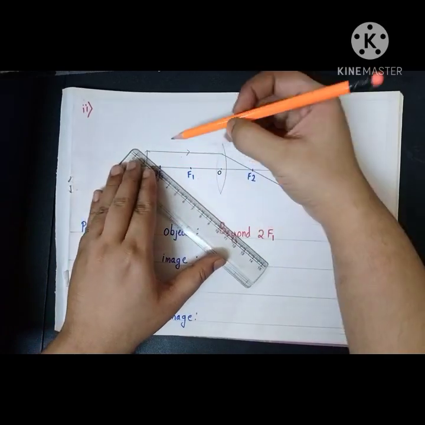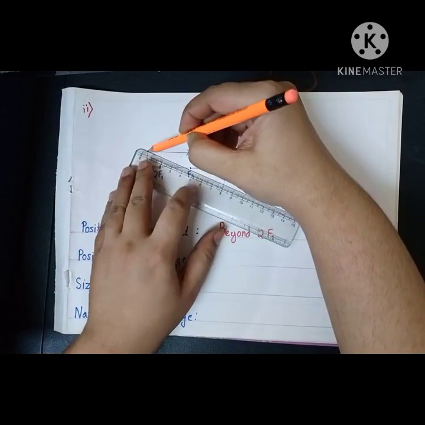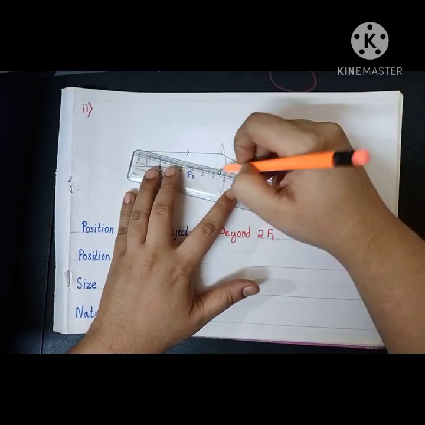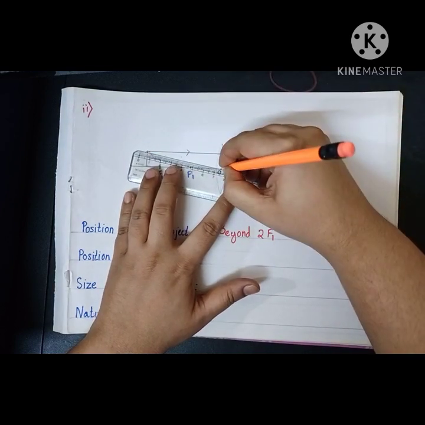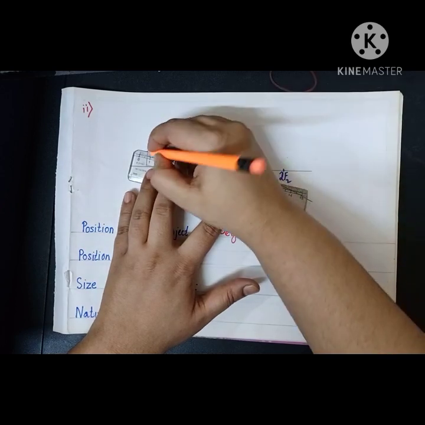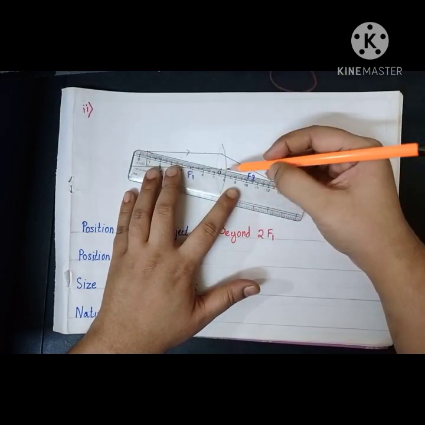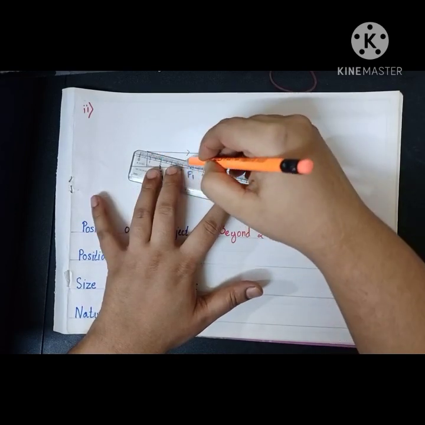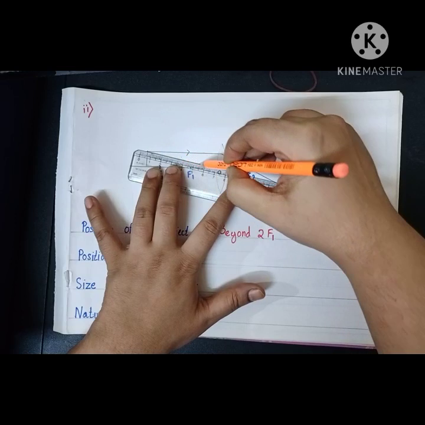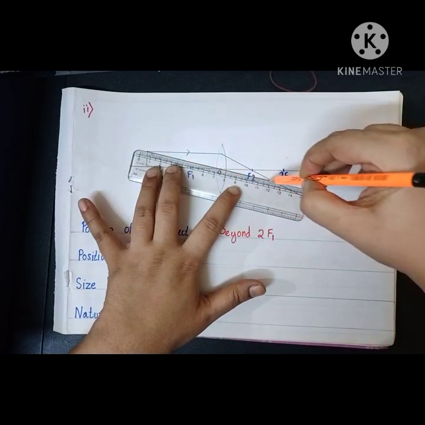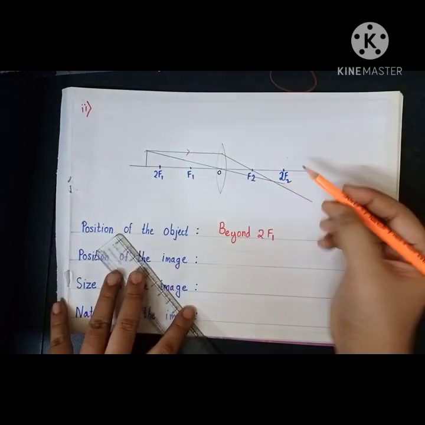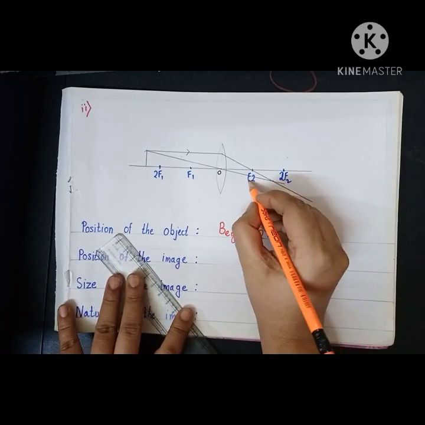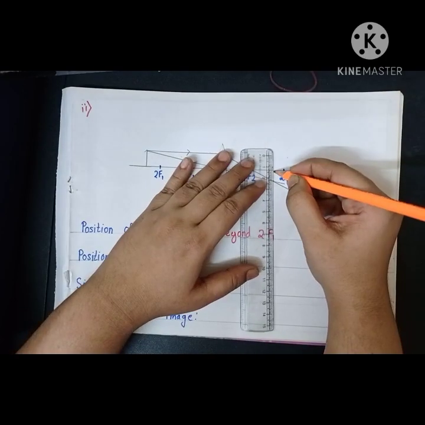Second, following second rule, to draw a ray diagram, we used to follow any two rules. So we are using first two rules. Incident ray passing through optical center will pass away undeviated. So here you all can see it intersects and meets between F2 and 2F2.